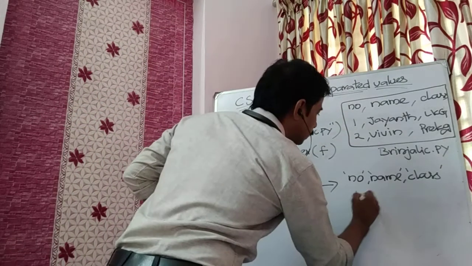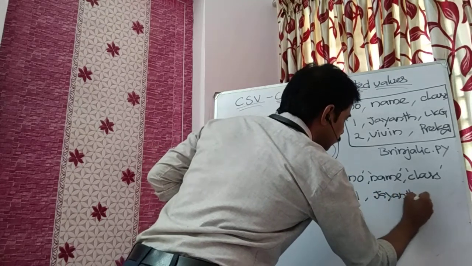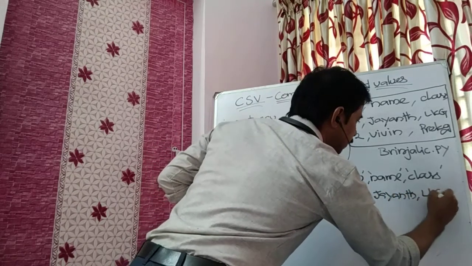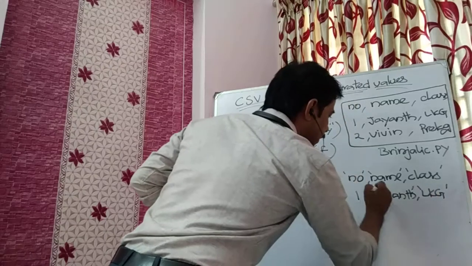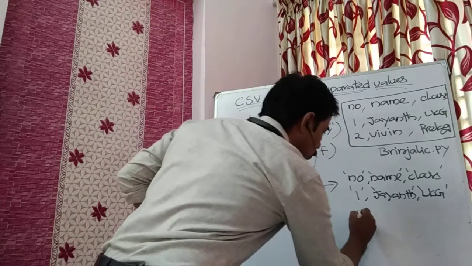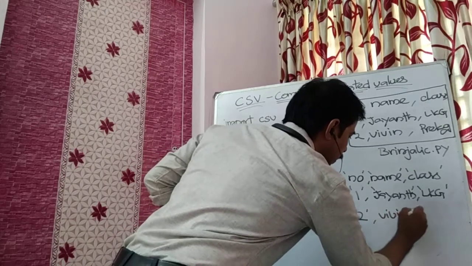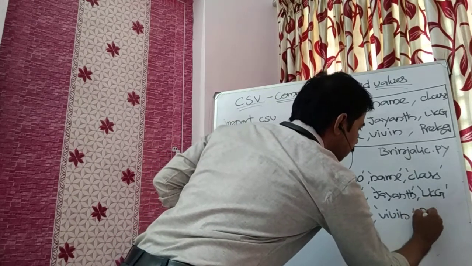Then 1, comma, Jayanth, comma, LKG, everything surrounded with single quotes. The same way 2, comma, Vivin, surrounded with single quotes, pre-KG.